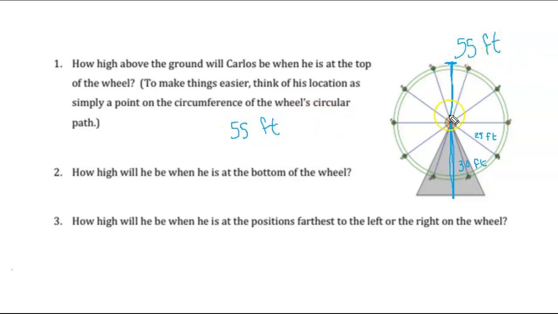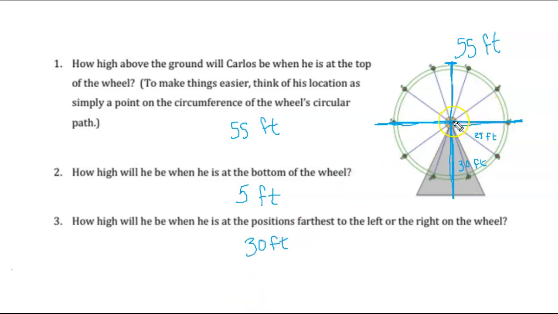At the bottom of the wheel, since the center is 30 feet but this spoke is 25 feet, we have to subtract 30 minus 25. So at the bottom of the wheel, he's still 5 feet off of the ground. And when we go furthest to the left and furthest to the right, that's exactly even with the middle of the Ferris wheel, which we determined was 30 feet.